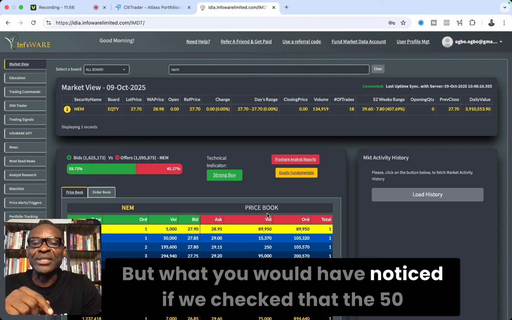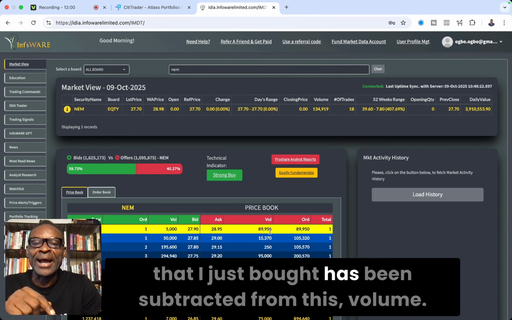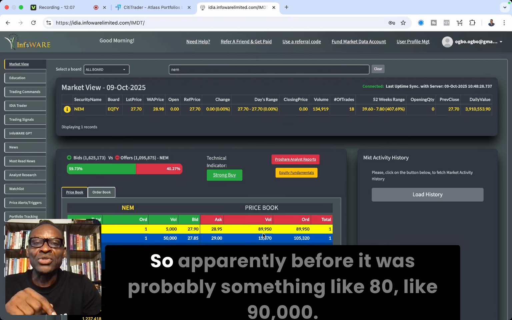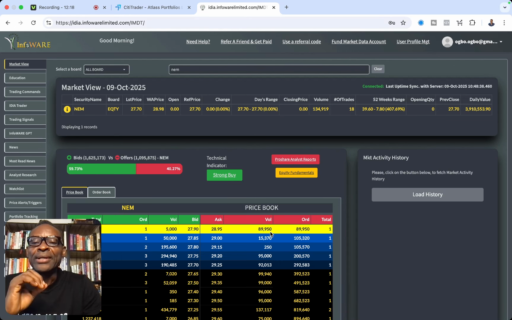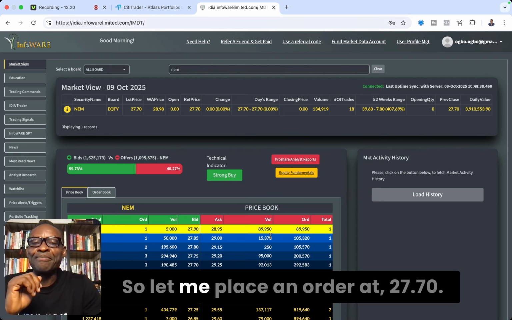But what you would have noticed if we checked is that the 50 that I just bought has been subtracted from this volume. Apparently before it was probably something like 90,000. So now it's 89,950.